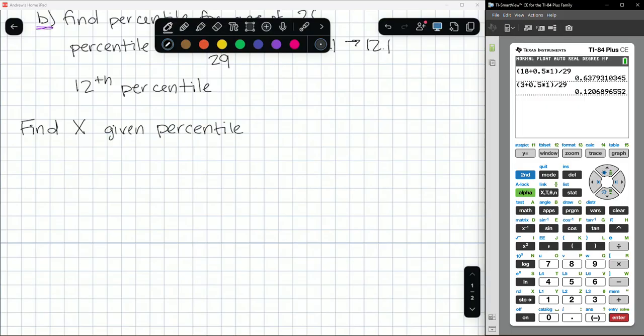So what I'm going to find is the location in the list, and I'm going to call that I. And I is equal to my percentile over 100, I want to turn it back into a decimal, times sample size plus 1.